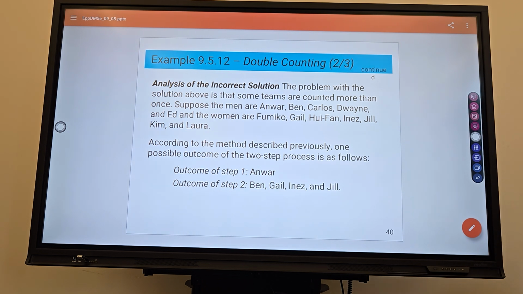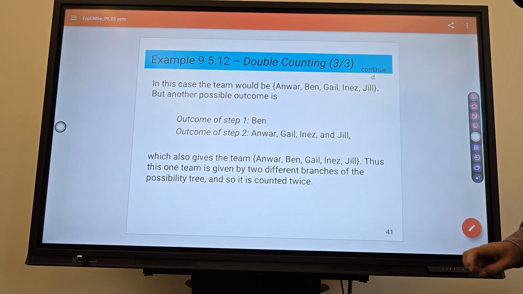In this case, the team would be Anwar, Ben, Gail, Inez, and Jill. But another possible outcome is this one, which also gives the same team. Thus, this team is given by 2 different branches of the possibility tree, and so it is counted twice.